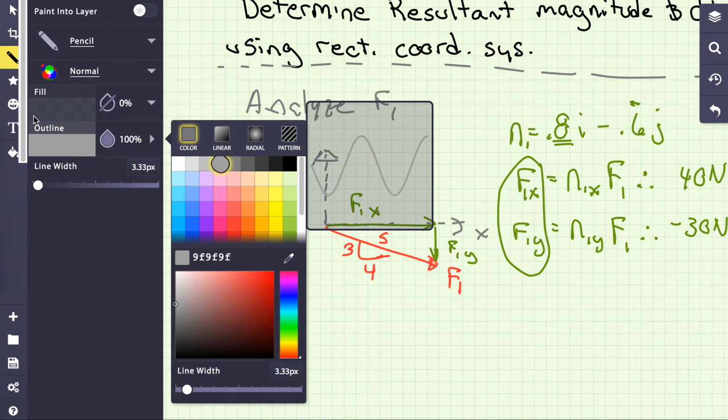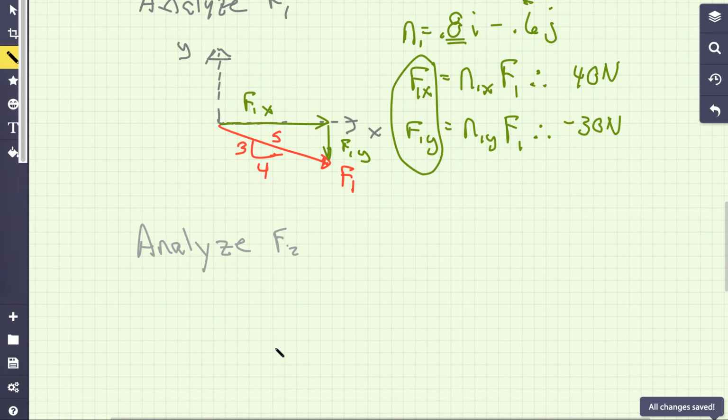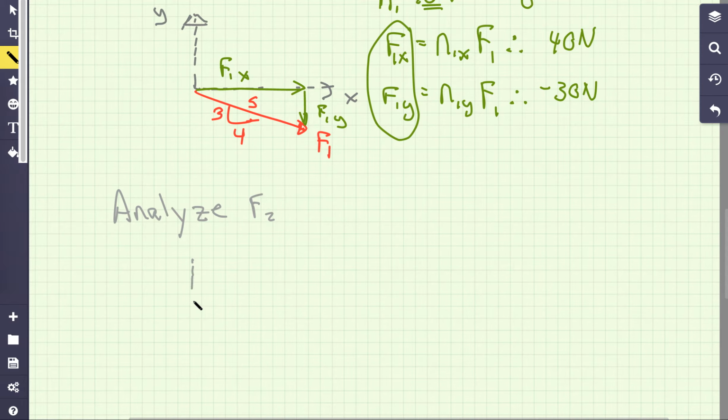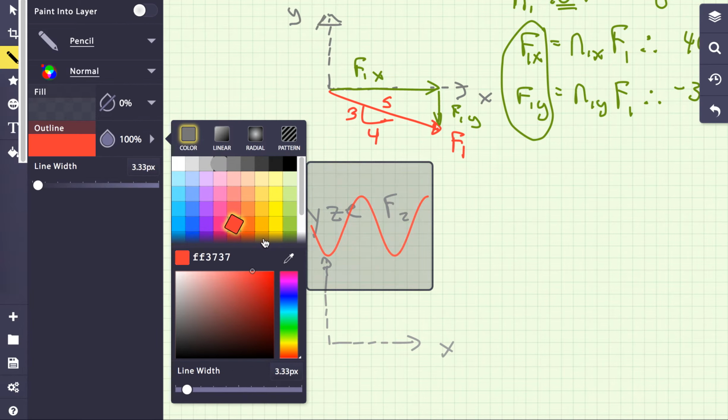Let's use another piece of chalk. Analyze F2. We have our coordinate system, our X and our Y. We're going to change the color of this again.